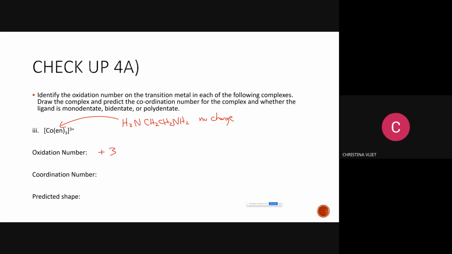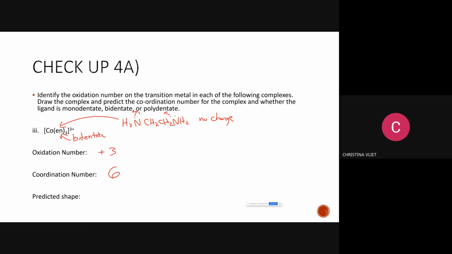Coordination number. What's the coordination number? Why is it 6? Because this is bidentate, which means that each one of these actually has 2 dative bonds. So the total dative bonds is 2 times 3, which is 6.